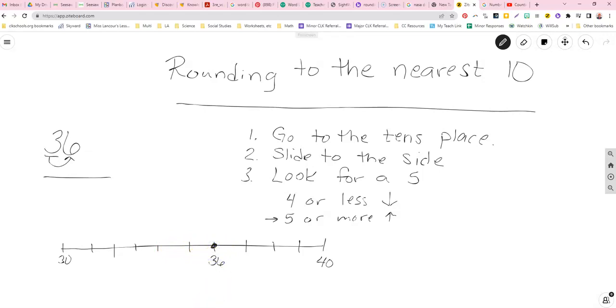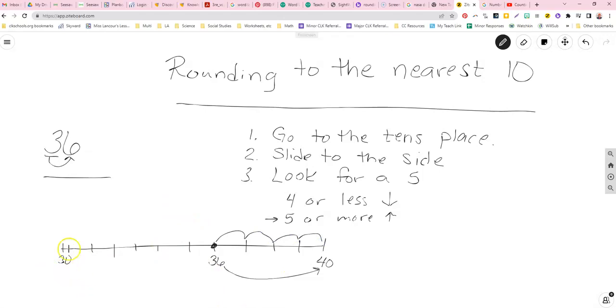How do I know what group of 10 is closer? Well, we did learn in the song 5 or more round up for sure. So that means I have to round up, go to the bigger number, which is 40. We can also see on the number line that 36 is closer to 40. So it only takes 1, 2, 3, 4 jumps to get to 40.